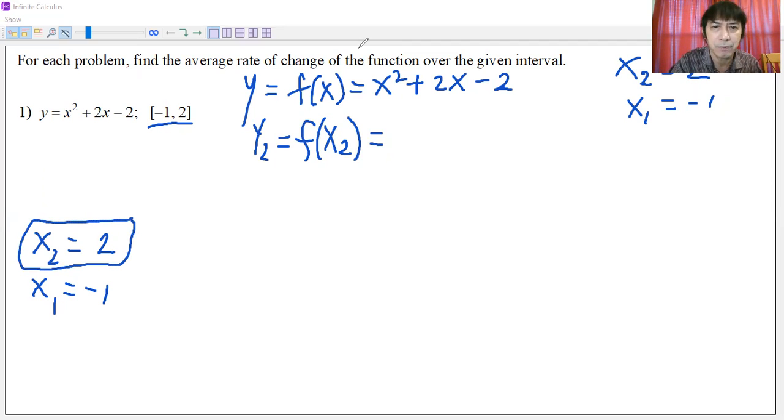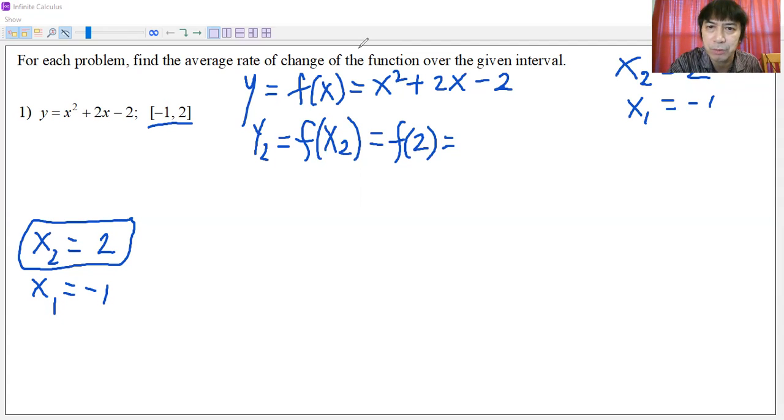So that means f of x2 means f of 2. And we're done with functions, we did this in a previous lesson. So that means the number 2 will be placed in all x variables you see in the equation.